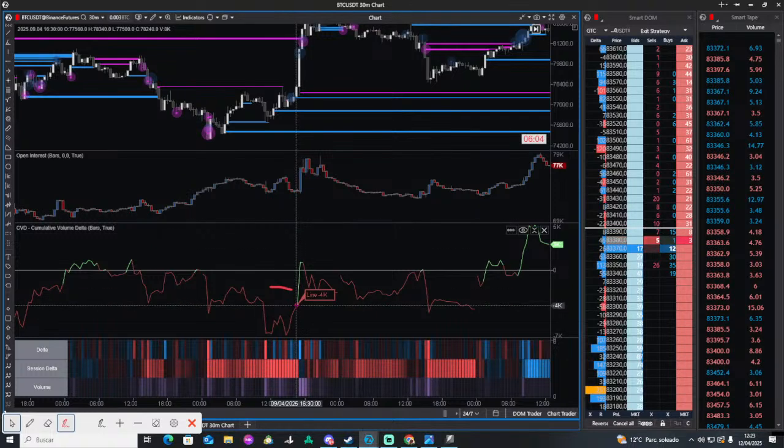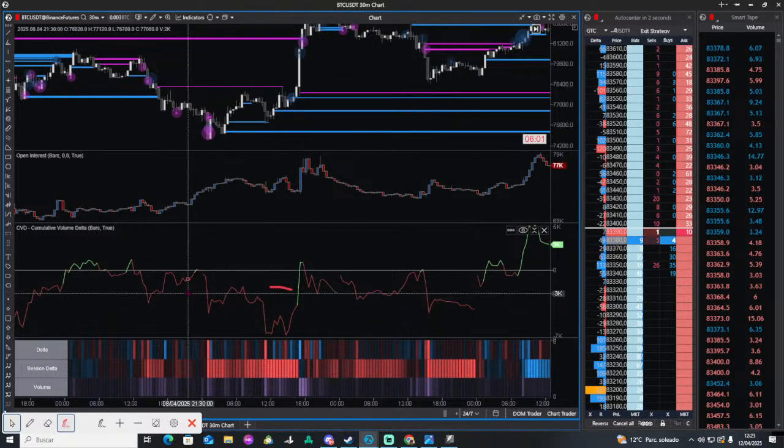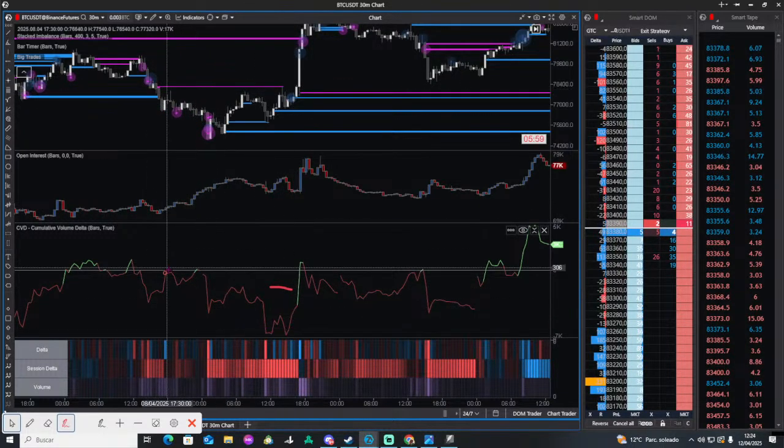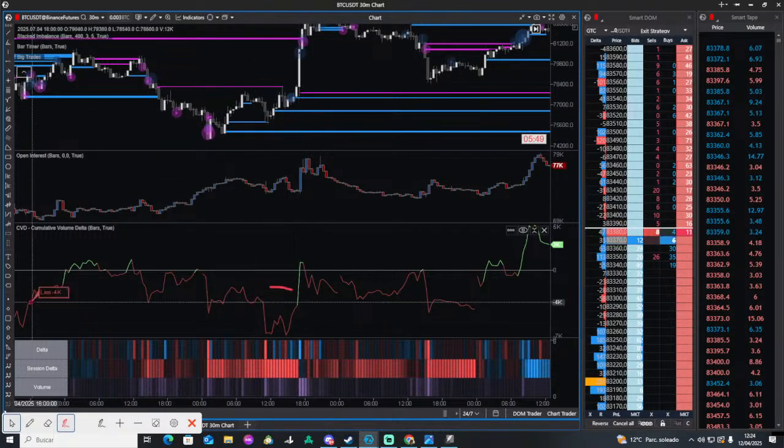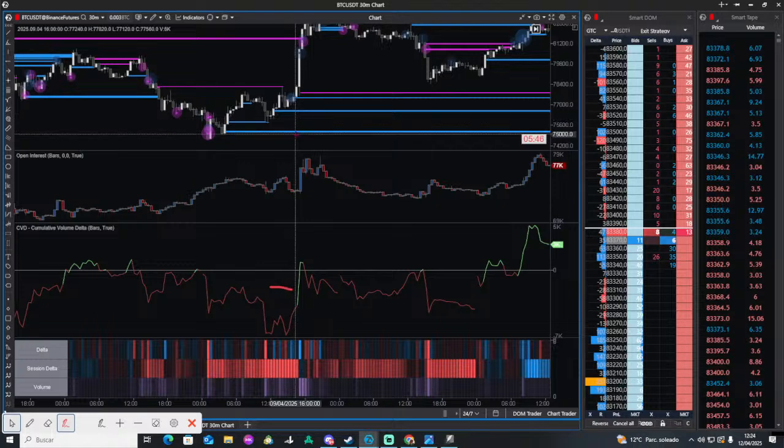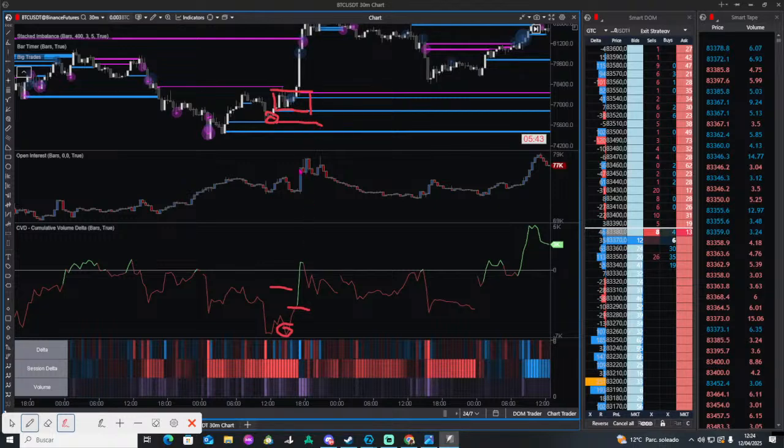Here you have a reaction, and when you come from a negative extended div, so here they were making a lower low, but here made a new high. Here was your div. So this high was better than this one. This with your CBD was your reaction, and if we close below here, I don't want to be long. When you go in, when you see momentum, when you see volume in the market, and this CBD also gives you the momentum, your invalidation is here, and you could target a 1 to 2.